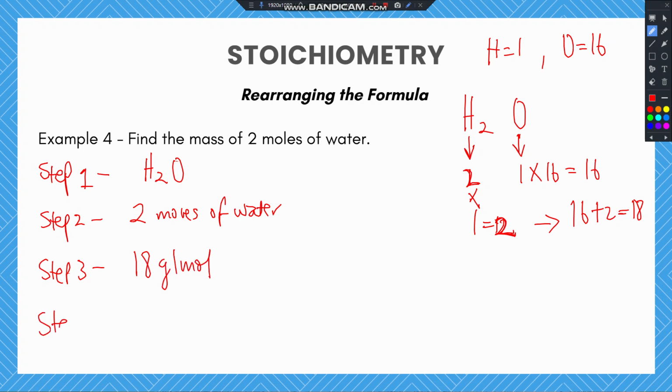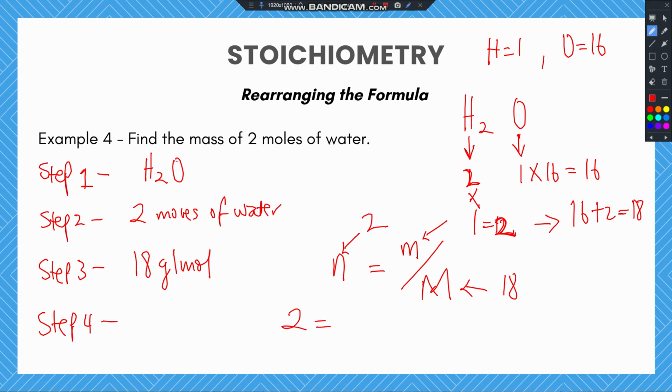Step number 4 would be to substitute and solve. Remember, the formula says N, number of moles, is equal to the mass of the substance divided by the molecular mass. Now we have the value for N, which is 2 moles of water. We don't have the value for m, but we have the molar mass, which is 18. So let's substitute. 2 is equal to m divided by 18.